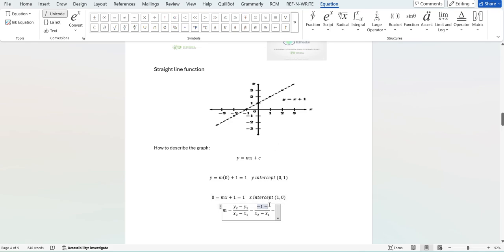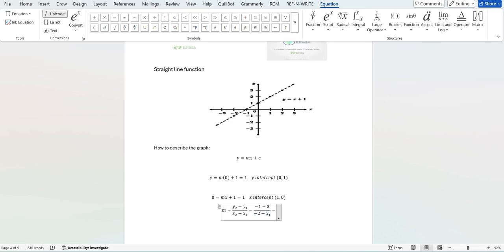So for y it's 2 minus negative 1, and for x it's 3 minus minus 2.